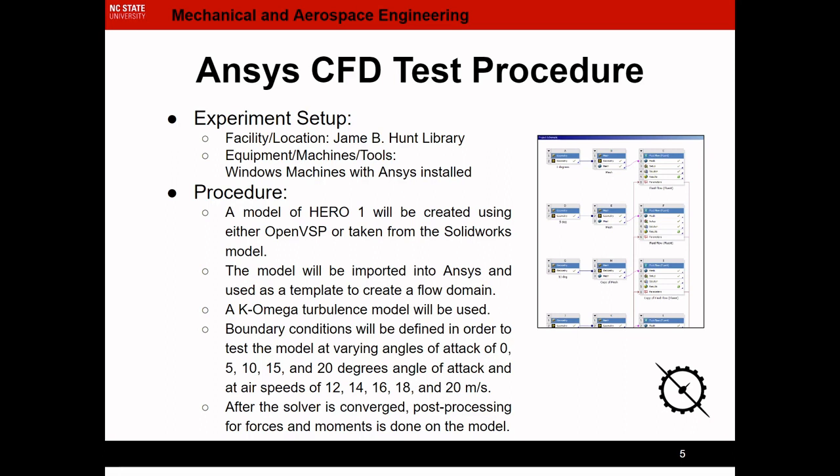It was also modeled at various airspeeds: 12, 14, 16, 18, and 20 meters per second. These 25 total cases, I believe, would give us a good range of the performance of the aircraft. After the ANSYS solvers converged, post-processing was done to evaluate the forces, the lift, on the model.